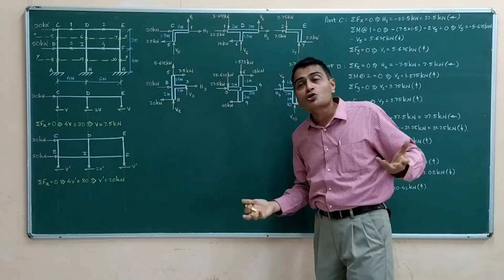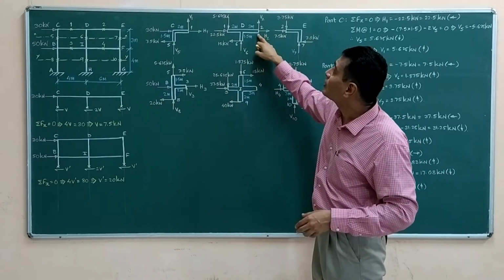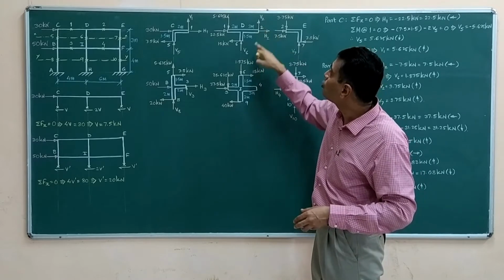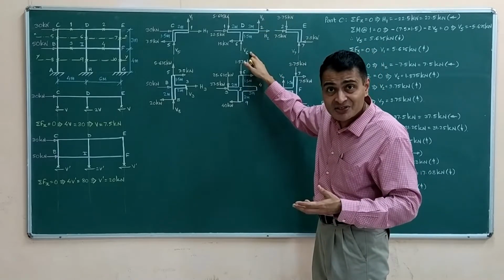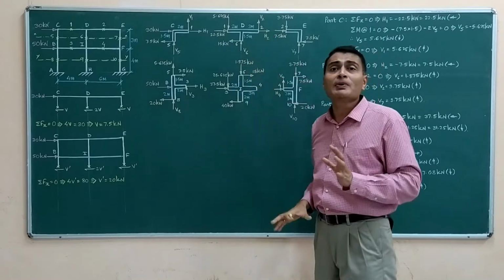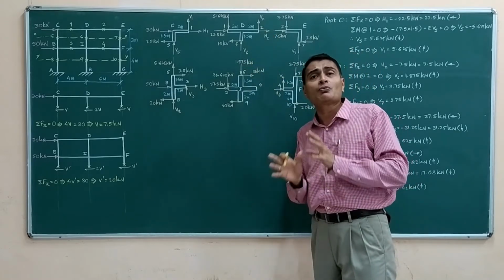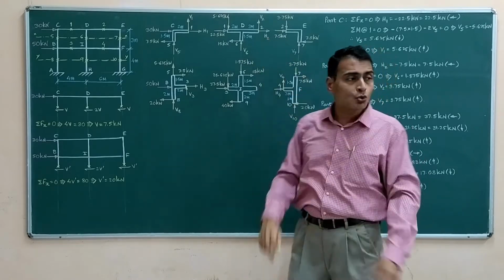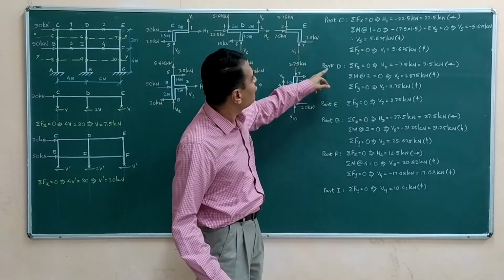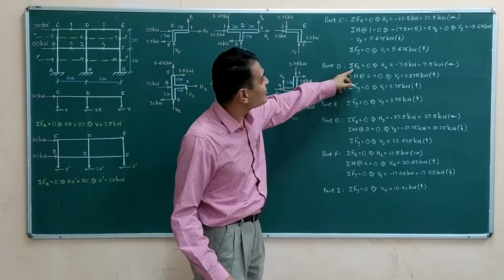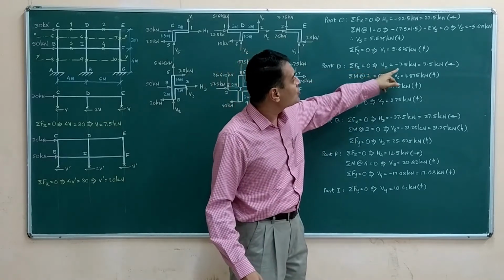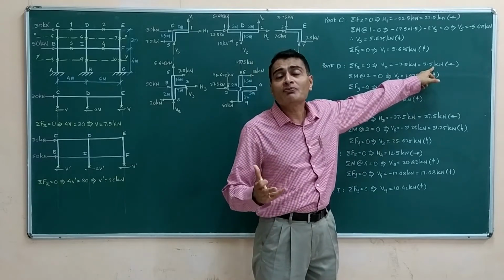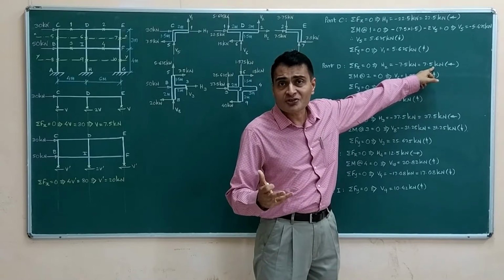And then what remains to be shown? This is point of contraflexure 2. So there will be H2, V2 and V6. All again shown presumably positive, means rightwards and upwards. Then what do I do? To find out H2, I simply apply for part D, sigma Fx equal to 0. I get H2 is equal to negative 7.5, means 7.5 kilonewtons leftwards.